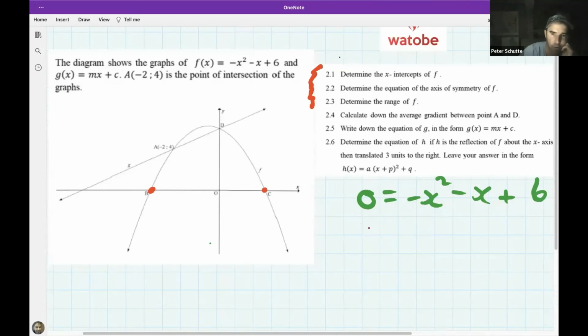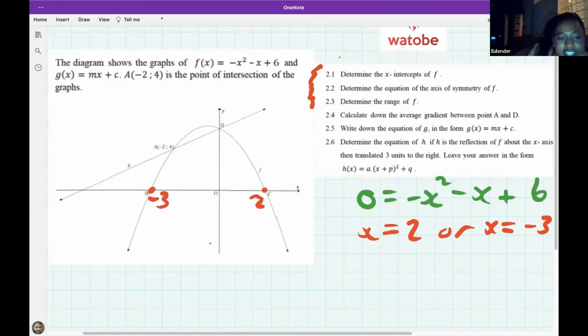So you should be getting x is 2 or x is -3. So this should be -3, this should be 2. Well done, guys. You did it. All right. Yes, Brittany. Yes.